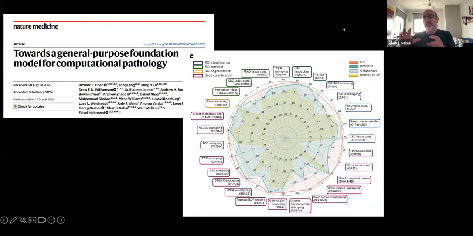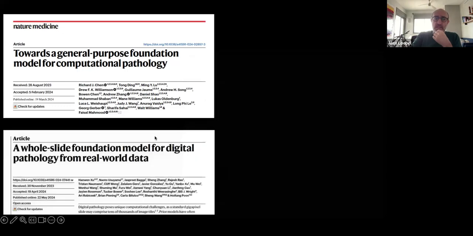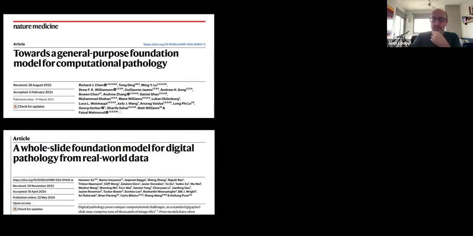So you have one foundation model that you can then use to train and to test on numerous problems in medicine, in pathology, in diagnosis, in prognosis, and the performance is much better. There are several foundation models that were published since then.